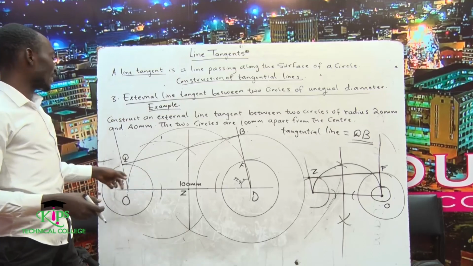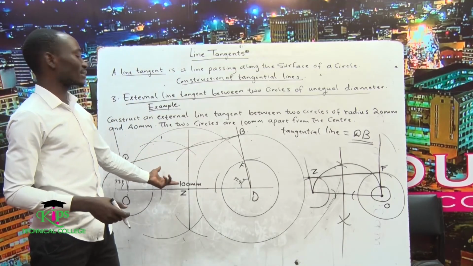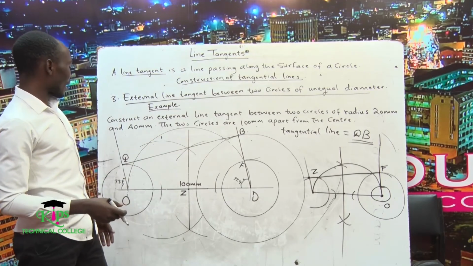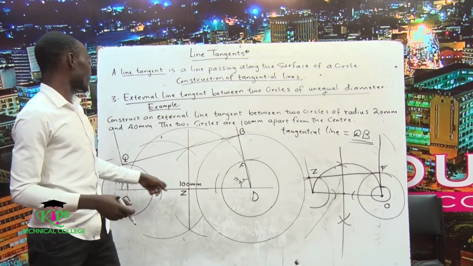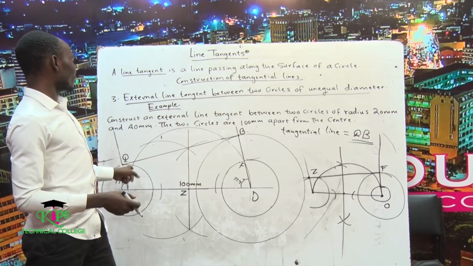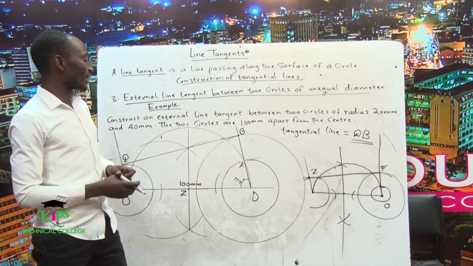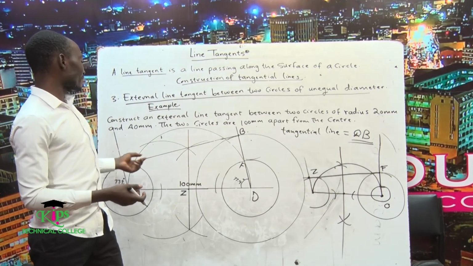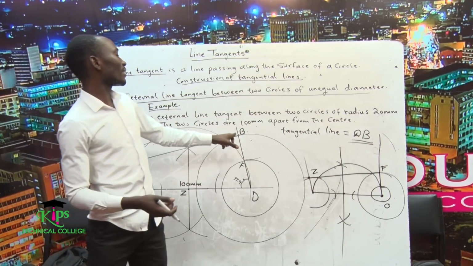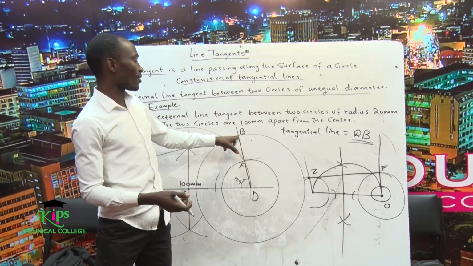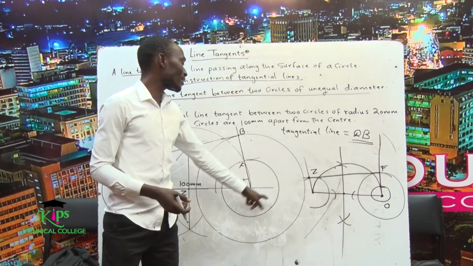First of all, begin with the distance between the two circles, which in our case was 100 millimeters. After you have drawn the distance between the two circles, now draw the circles. If you have been given any radius, use it. Then use the radius of the smaller circle to stand at any point of the bigger circle and put a mark. Then from there, stand here and draw a circle.